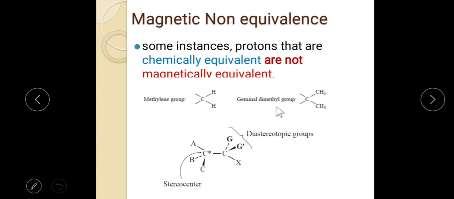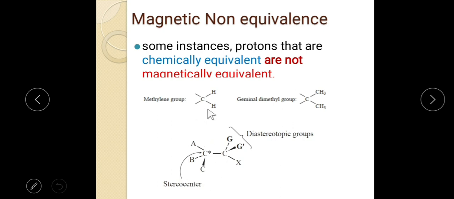Similarly with a geminal dimethyl group. If we have a geminal dimethyl group on the side of a chiral center or stereocenter, these two methyl groups will behave differently and show different chemical shifts. So they are called diastereotopic groups. They are forming diastereomers because of the presence of this chiral center.